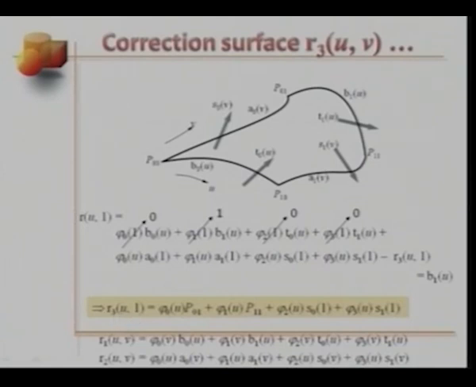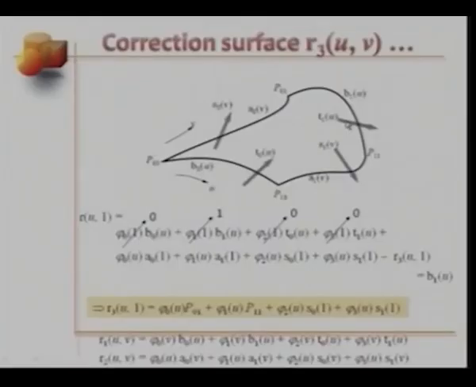And if you notice, r1 of uv and r2 of uv were two lofted patches that were created using the bounding curves and the cross boundary tangents. We are trying to do something very similar here to find r3. Let's see what's in store for us next.